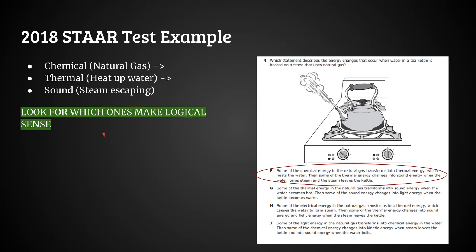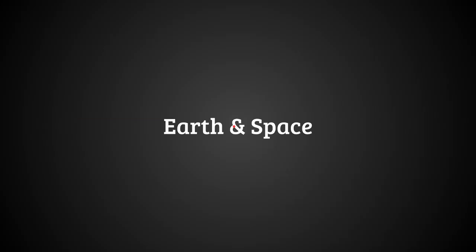Really, just look for something that's logical. If it doesn't make sense, like the thermal energy and the natural gas transforming into sound energy when the water becomes hot, and then the sound energy changing to light, where's the light in here? No. Just read the question. If it sounds dumb, it probably isn't right.